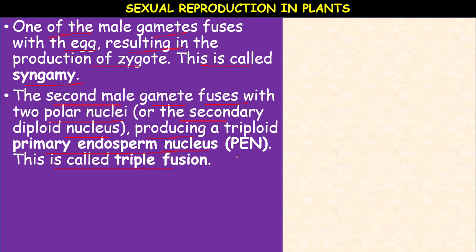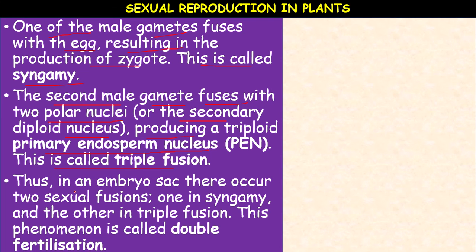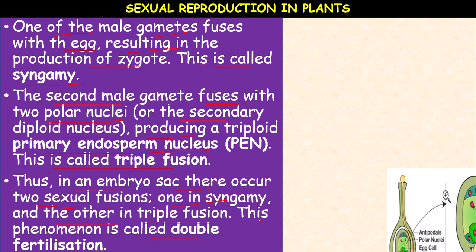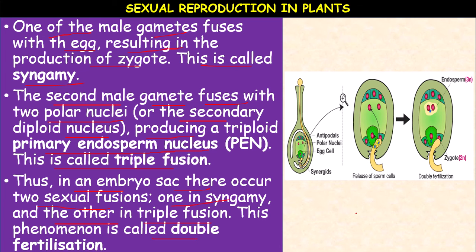This is called triple fusion. Thus, in an embryo sac, there occur two sexual fusions. One is syngamy, which results in the formation of zygote, and the other is triple fusion. So this phenomenon is called double fertilization. Two times the fertilization occurs.